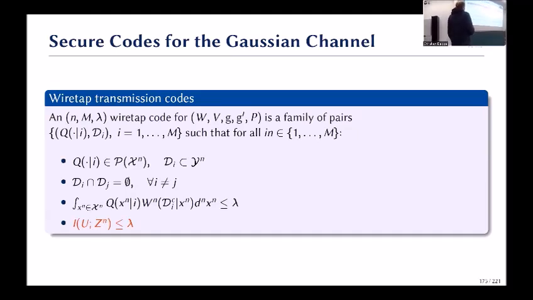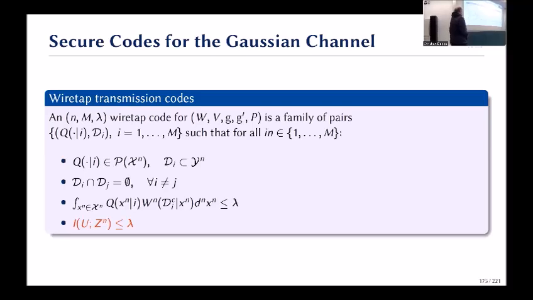We have to define again a wiretap code for this. It's a transmission code, an (n, N, lambda) wiretap code. It's a family of pairs. So you see we need here also for the wiretap code randomized encodings. That's the reason why we cannot do it without any additional assumption for deterministic identification. We need also for the wiretap code some randomized encoding here.